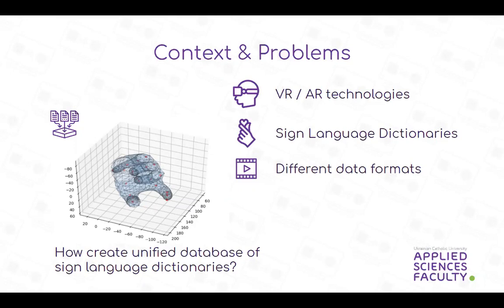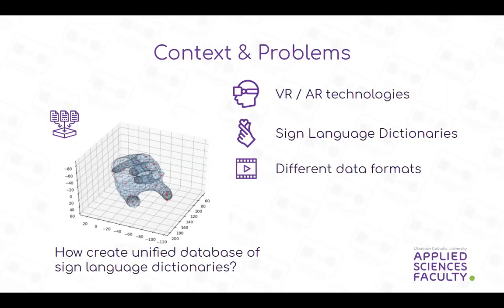The nuances of work with sign language dictionaries imply, first of all, different sign languages, and second, that they are pre-recorded in dozens of different formats. It can be video, it can be images.